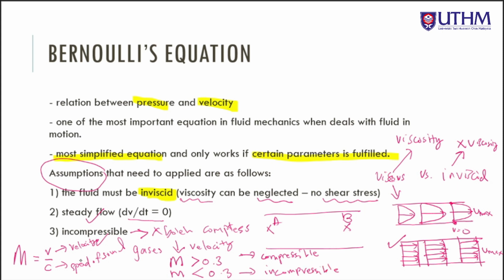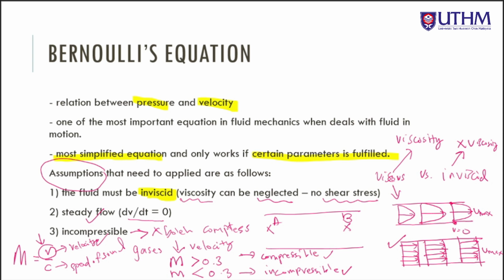Okay, so logical, right? If the velocity is low, the V value must be very low. That is why when Mach is low, less than 0.3, it can be considered incompressible. But if the velocity is high, it will result in a Mach number more than 0.3, and then we can assume that the flow is compressible.